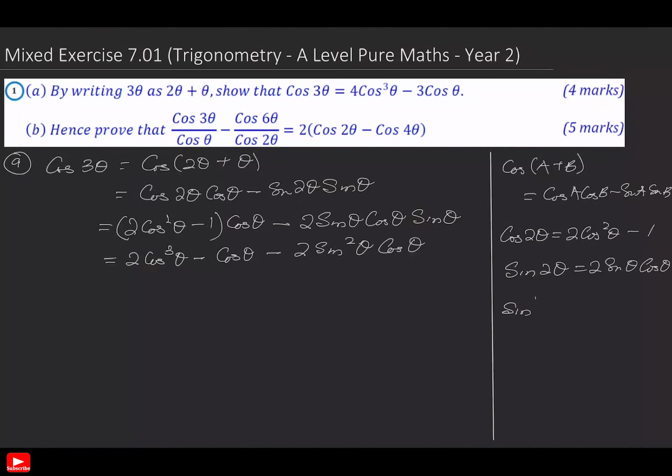So this one can be reduced because we can divide cos theta into the numerator to get the following. So we're going to get 4 cos squared theta minus 3 minus brackets. Similarly, cos 2 theta can be divided into the numerator to get the following: 4 cos squared 2 theta minus 3.